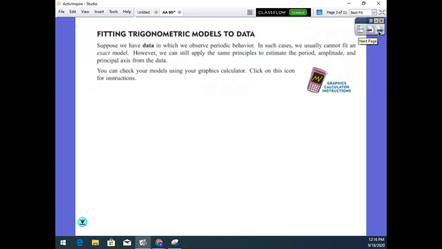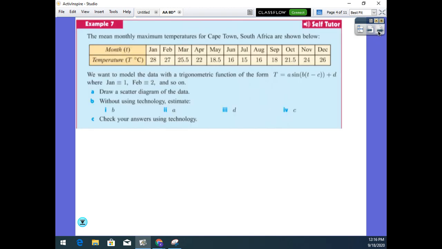And our last one. So this just says if we want to fit, because not all temperature is going to be perfect, is it? So with this last one, what we're going to do is draw a scatter diagram. That's super annoying, but notice the time is in months. I'm going to come down lower here.